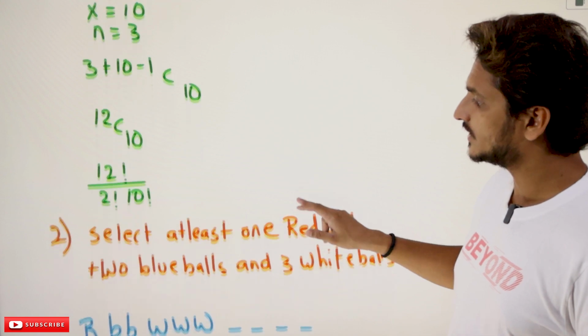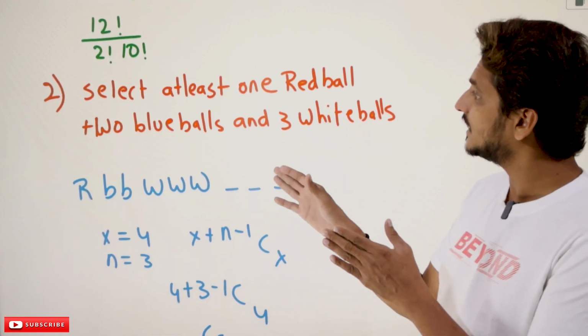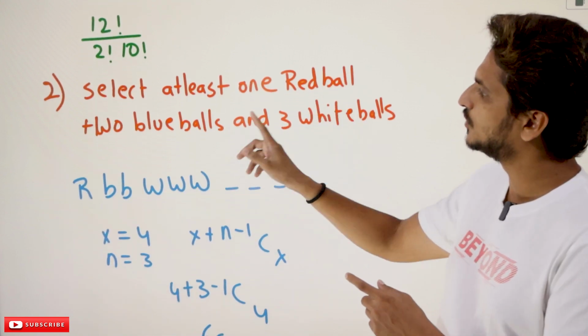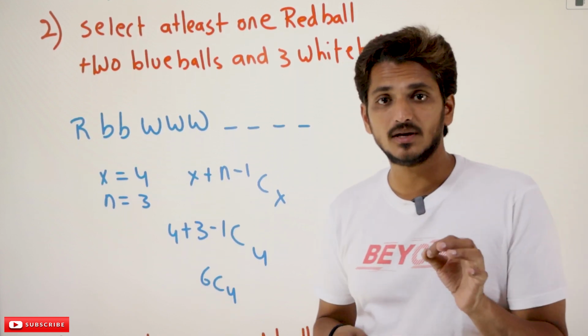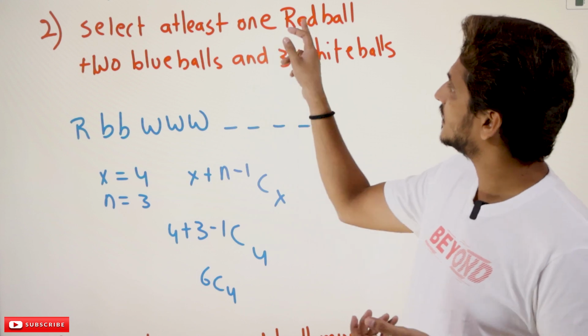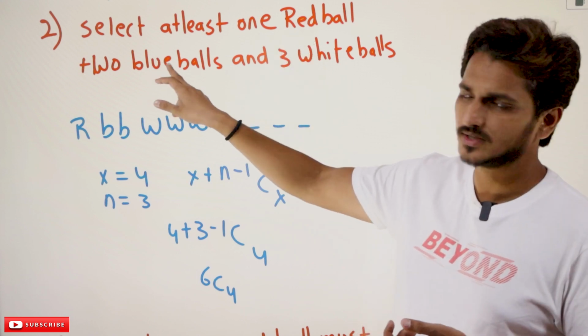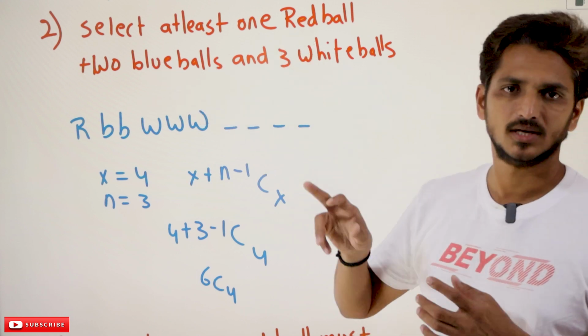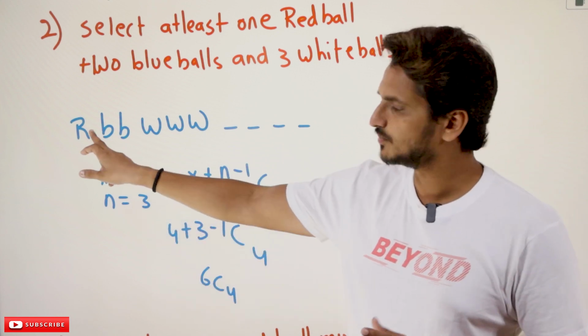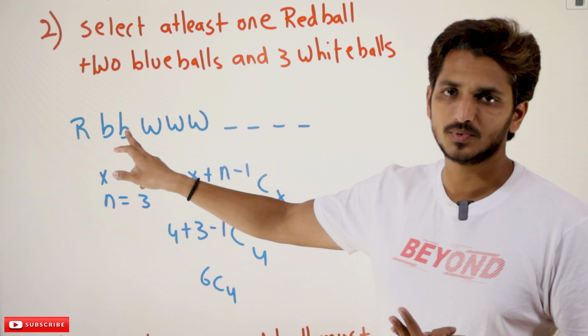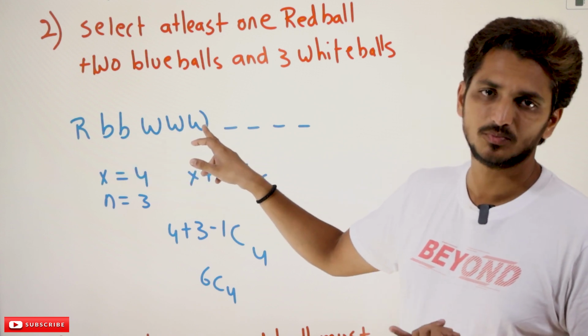Coming to the second one, the condition: select at least 1 red ball, 2 blue balls and 3 white balls. See, at least means minimum requirement. 1 red ball should be required, 2 blue balls and 3 white balls. These are the minimum requirements, means select them first. Red ball should be selected, 2 blue balls should be selected and 3 white balls should be selected.